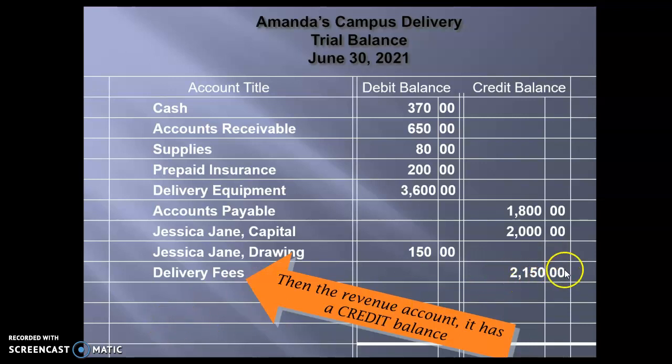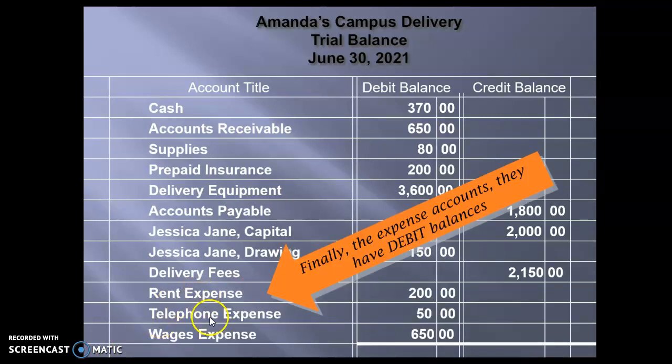Okay, and we also can look at it and see that it's a credit balance, and therefore it's normal. If we put down the delivery fees and you accidentally put it in the debit side, and you go back and check and say, is everything normal, and you found that revenue in the debit side, you would know that that is not correct.